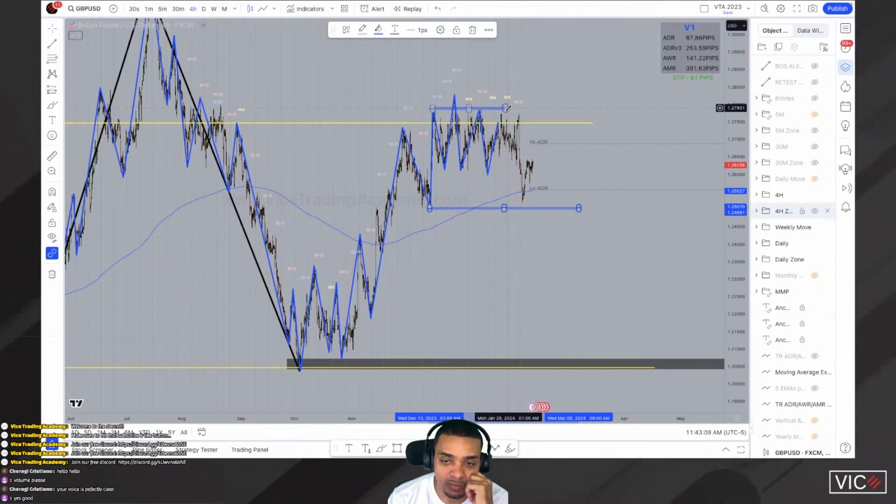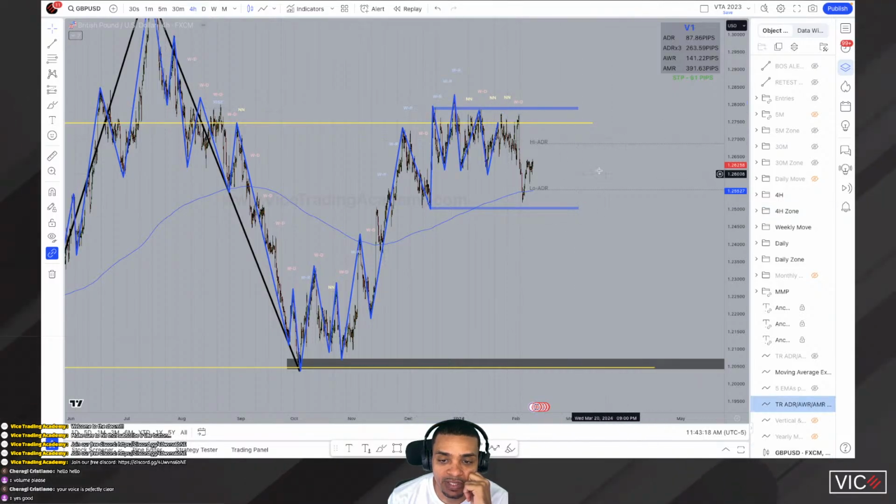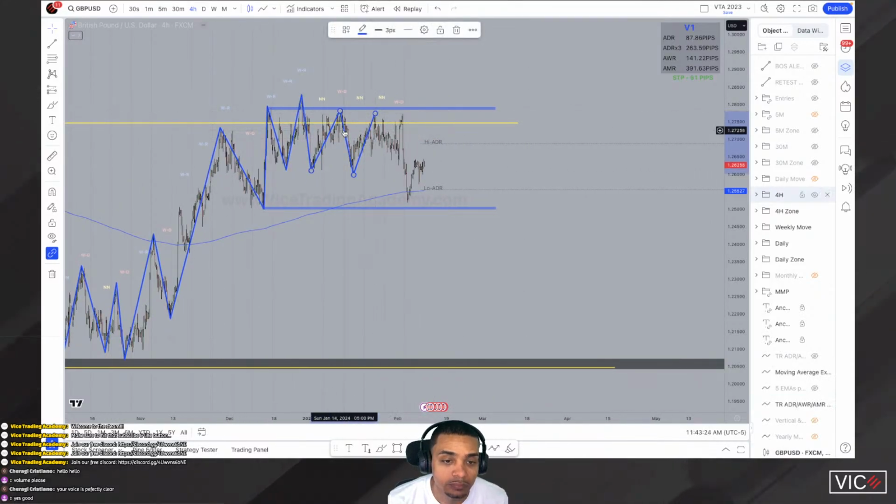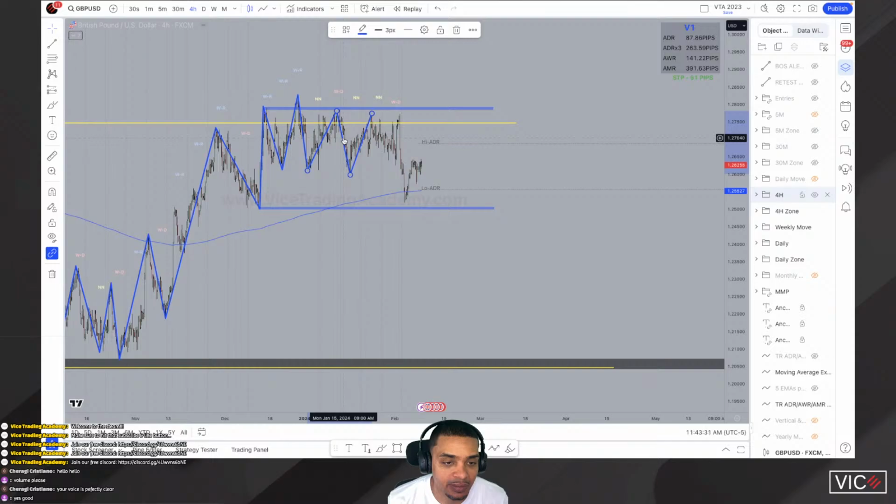A continuation will be price to break above here. Everything that's happening here is internal structure. Consolidation. Notice that it consolidated, swept the lows, and now it's pushing back to the top side, right?